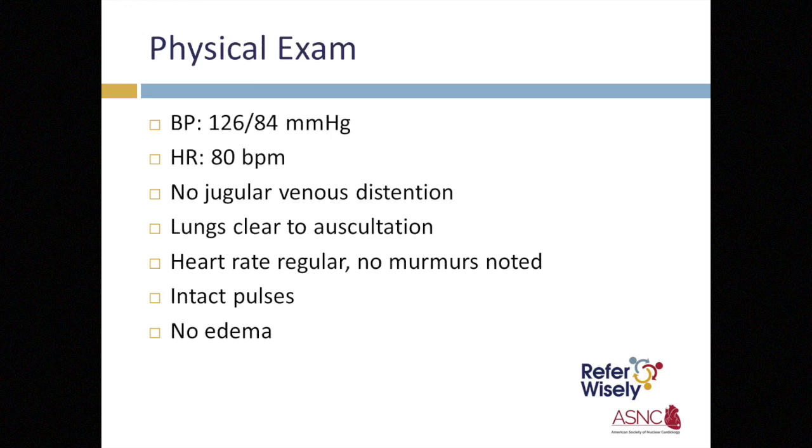On physical exam, his blood pressure is 126/84 and his heart rate is 80. He has no jugular venous distension and his lungs are clear to auscultation. Cardiac exam revealed a regular rate and rhythm and no murmurs were appreciated. He has intact distal pulses and no evidence of peripheral edema. The remainder of his exam is unremarkable.